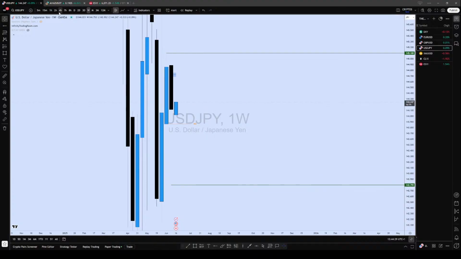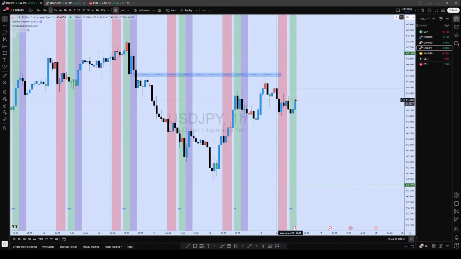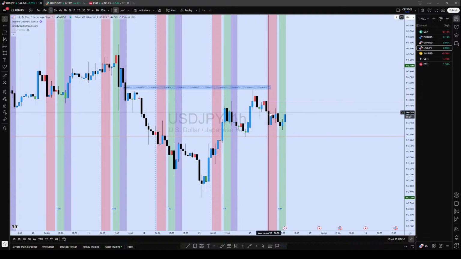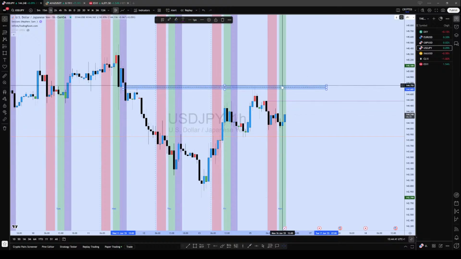So this is high probability for this week for price to go down. So we are looking for a continuation to the downside on the dollar yen. Preferably if they can come back to this level again, that would be good. If not, then again wait for a gap to form, or for them to close below an up candle like this, then you look for the sell to continue going down.